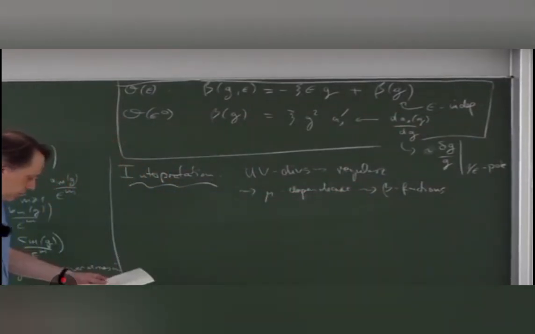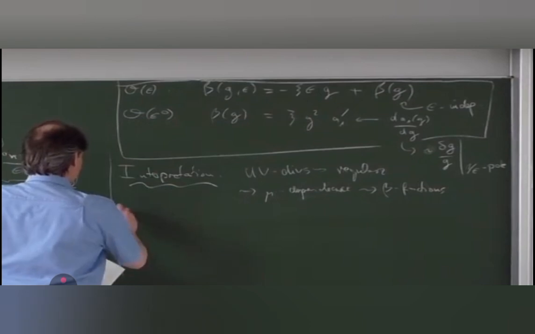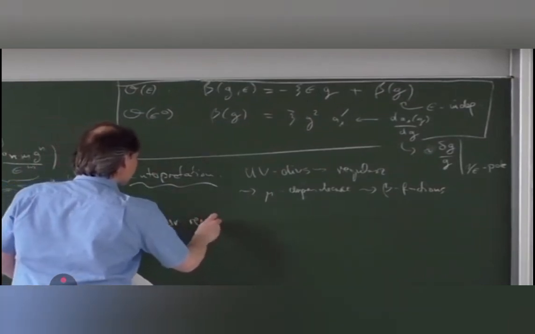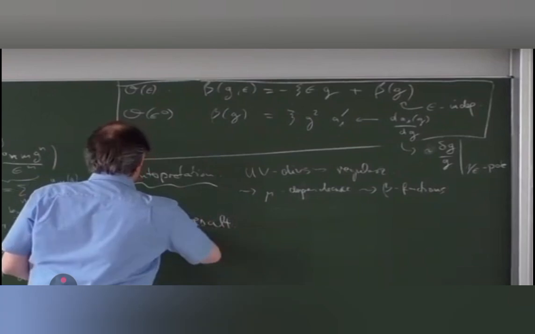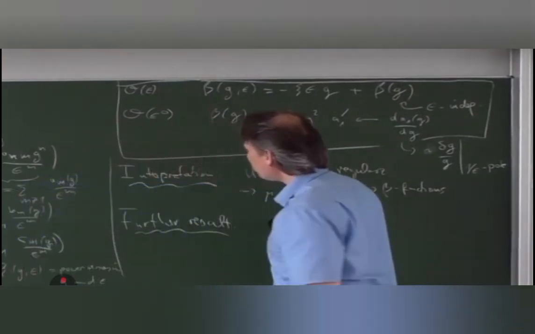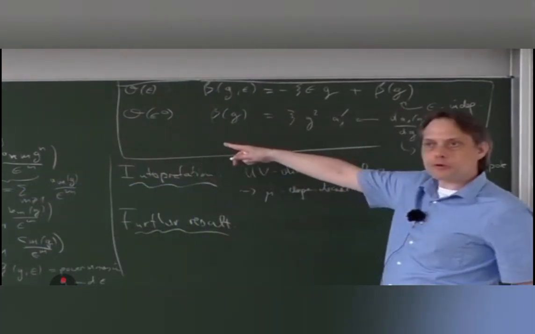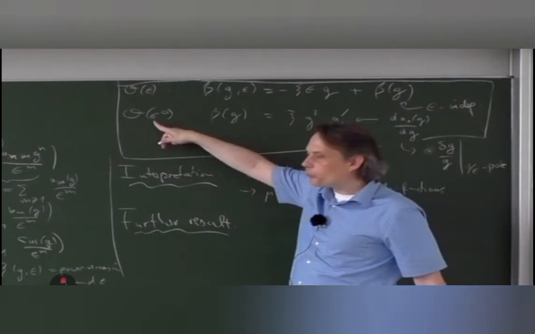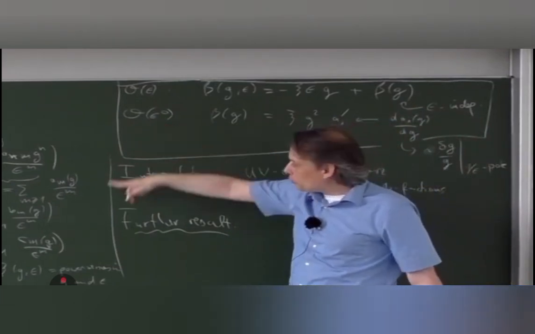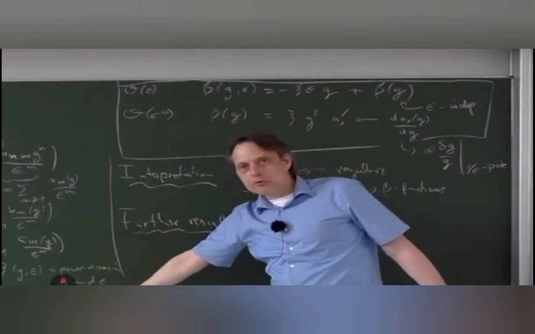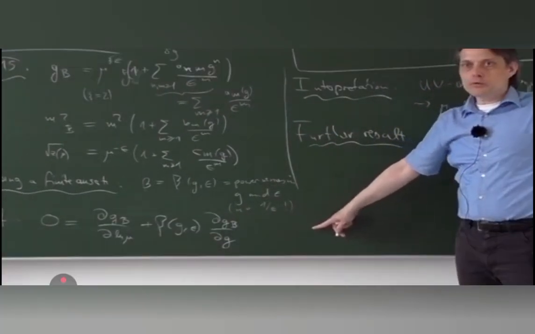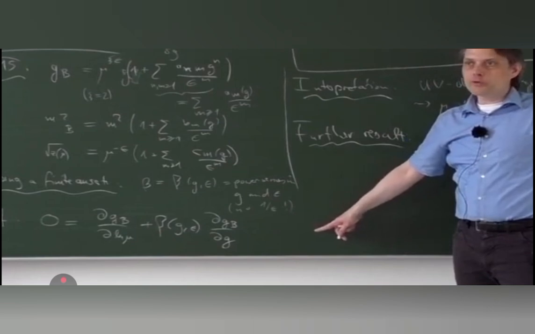And therefore, there is a further result, which we also already explored in the exercise, namely there are now additional consistency conditions. The beta function is already determined at the order epsilon to the 0, but the equation contains epsilon to the -1, epsilon to the -2 as well, and all these equations must be fulfilled automatically.